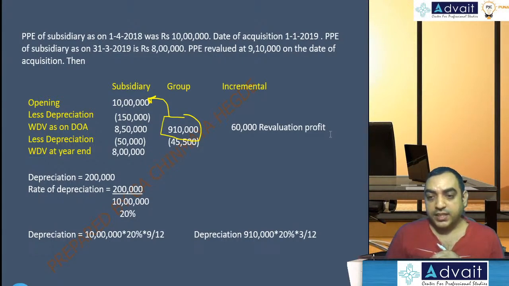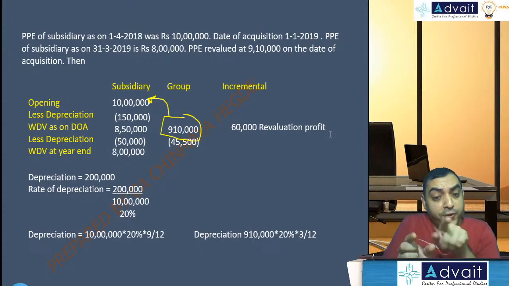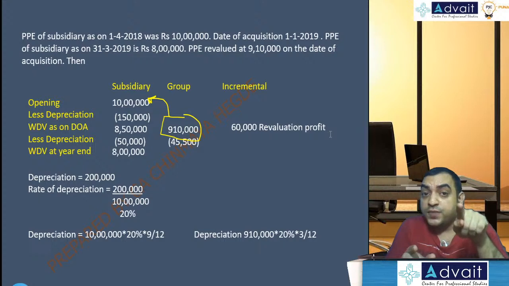Sir, is the revalued amount below WDV? If it is revalued below WDV, obviously a revaluation loss will come, and write back also will come. So I'm talking about the special situation. What is the special situation? You are getting a revaluation profit as compared to WDV as on date of acquisition, but when you compare it to the beginning of the year, that amount is less.